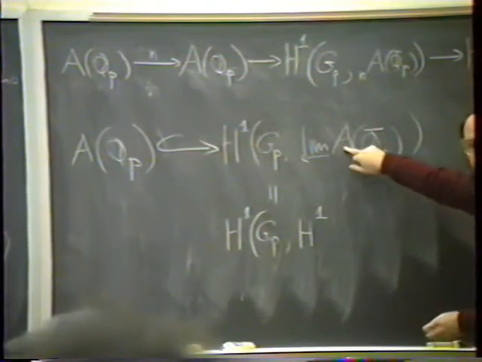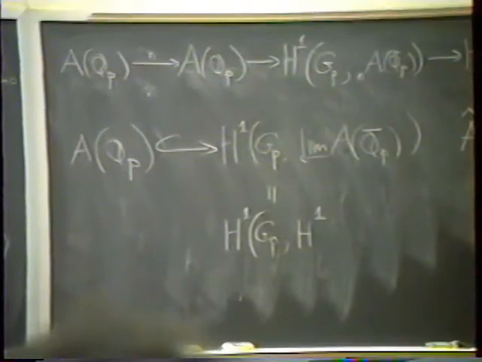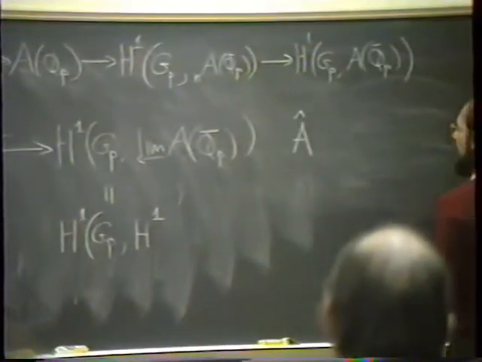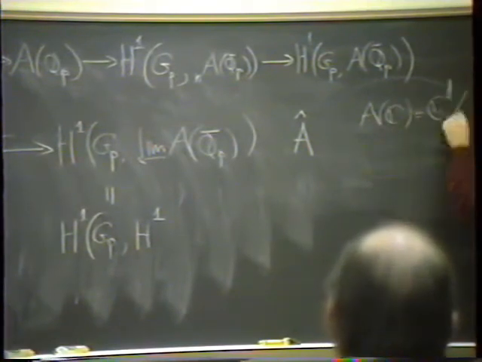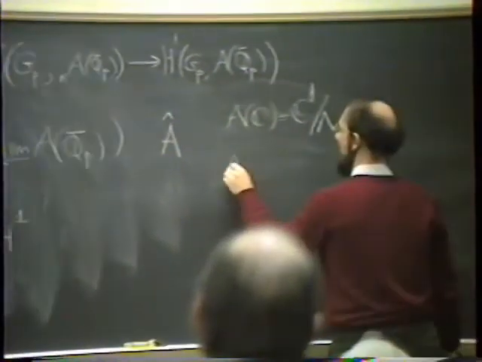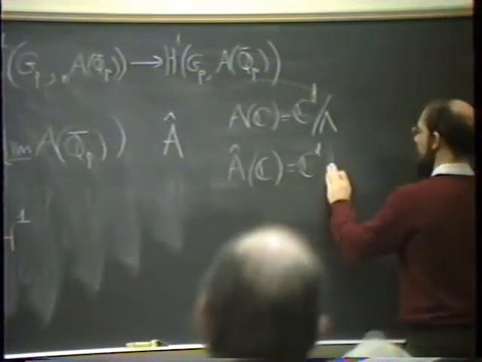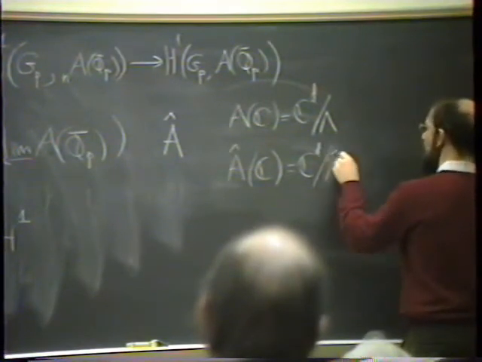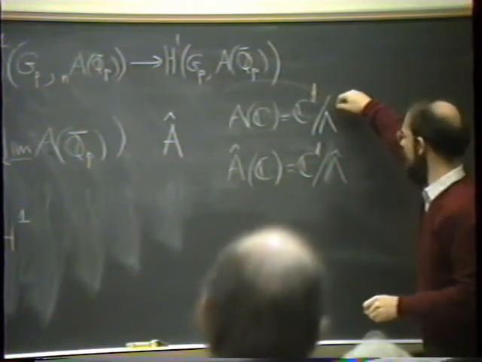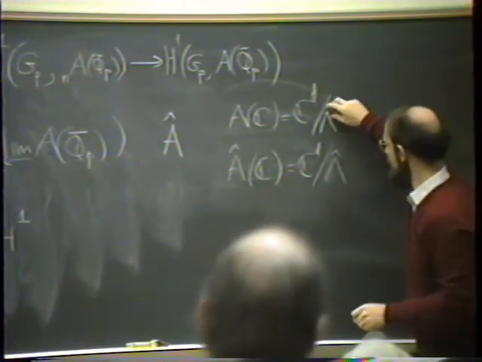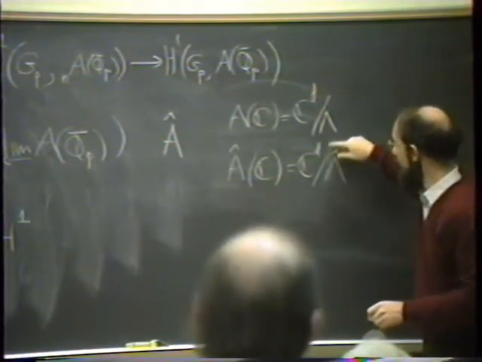Namely, every abelian variety comes equipped with a dual abelian variety, A hat, let's say, which if A of C, for example, was C to the D mod lambda, then A hat of C would be C to the D modulo a certain dual lattice, where there's a whole song and dance here about polarizations, the bottom line of which is there's a certain canonical skew symmetric form, and it makes sense to talk about the dual lattice.